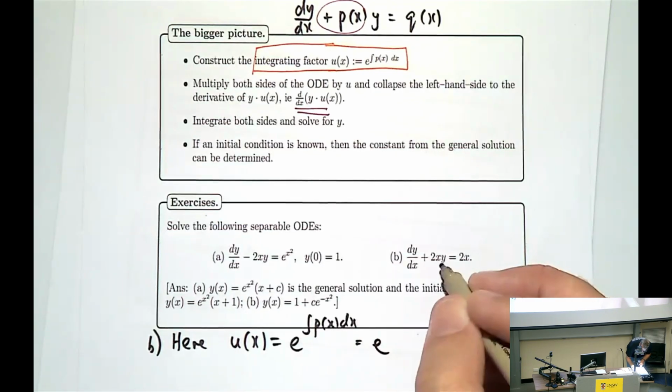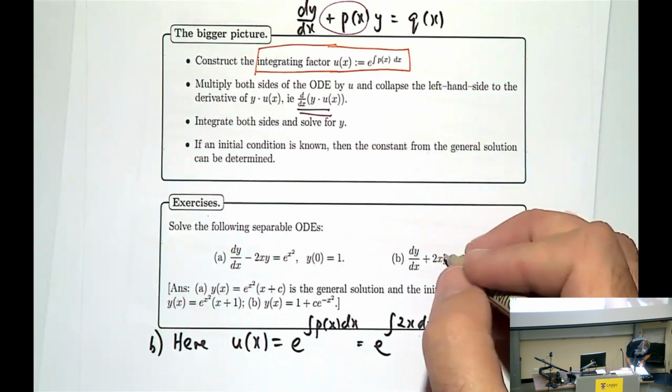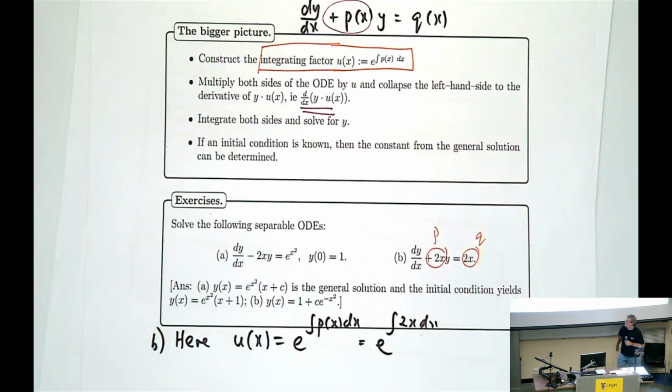It's e to the integral of 2x dx. So that's my p, that's my q in this case.